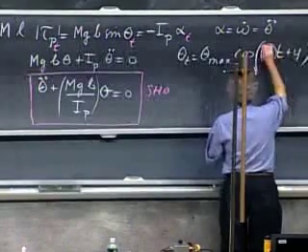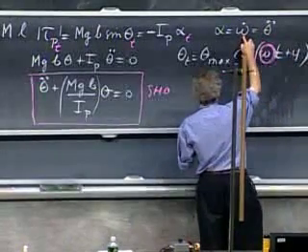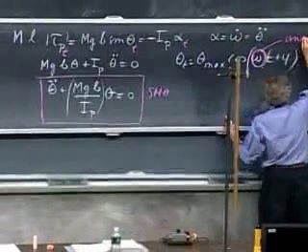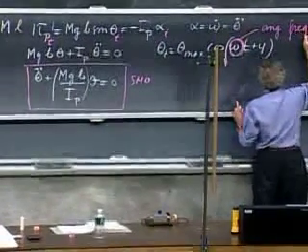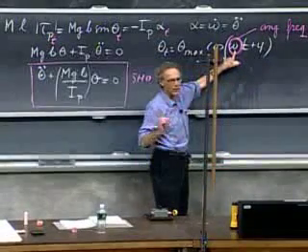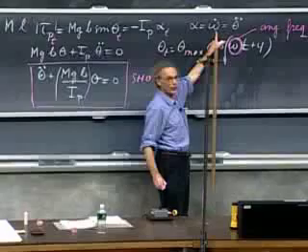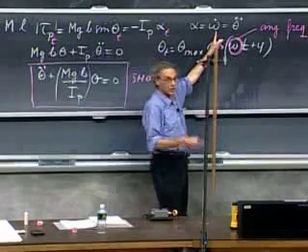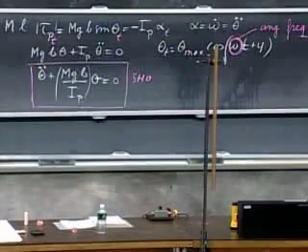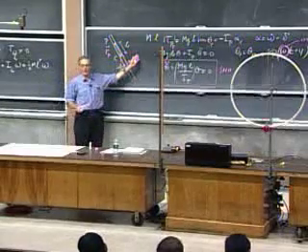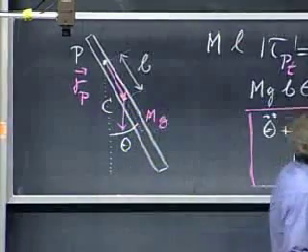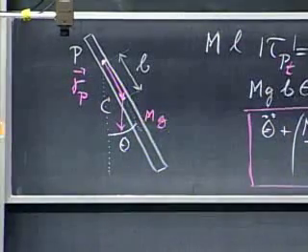This omega has nothing to do with that omega. This is angular velocity, and this is angular frequency. This will never change. That's related to the period of oscillation. This is changing all the time. The theta dot is changing all the time. When the object is here, the theta dot has the largest value. When the object stands still, the theta dot is 0. So the angular velocity is changing with time, but this omega is a constant.